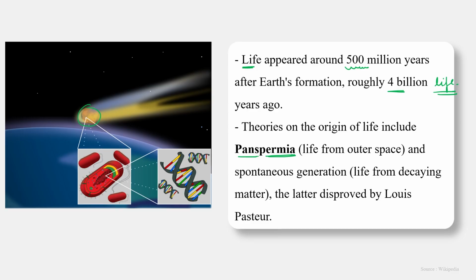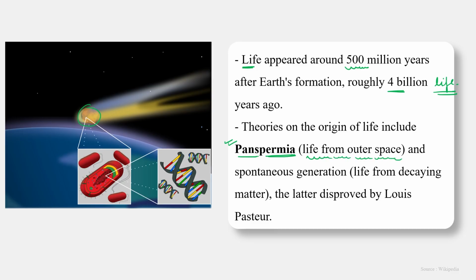Some kind of spores came to the earth, and this is how the origin of life occurred on the earth. So this theory is known as panspermia, meaning life comes from outer space.